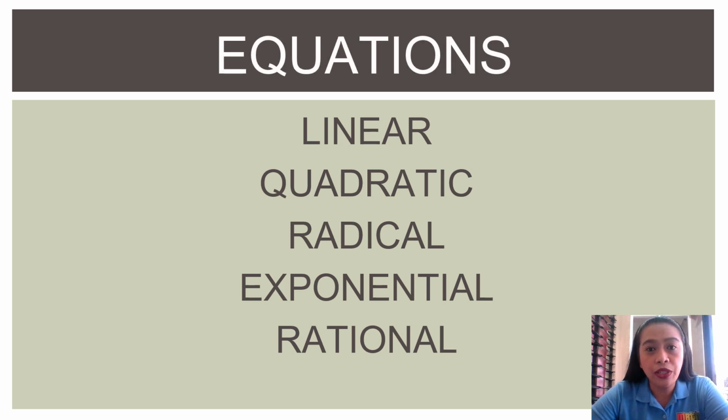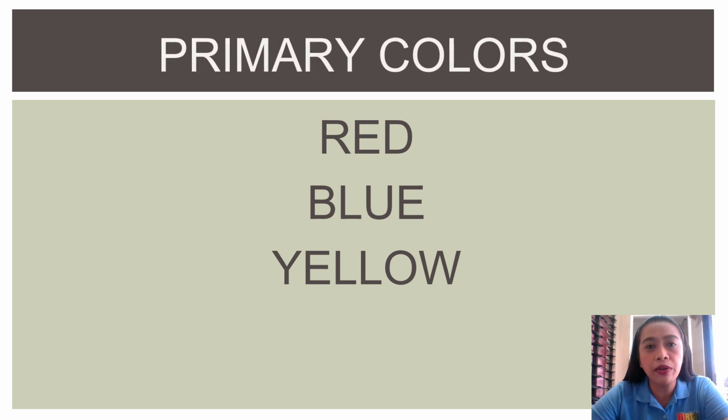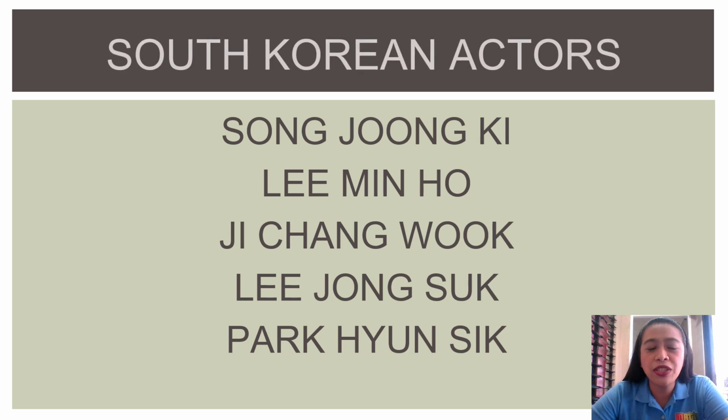Very good, those are equations. We have red, blue, yellow. What are these? Yes, these are primary colors. Next, we have Song Joong-ki, Lee Min-ho, Ji Chang-wook, Lee Jong-suk, and Park Hyung-sik. Yes, they are South Korean actors.